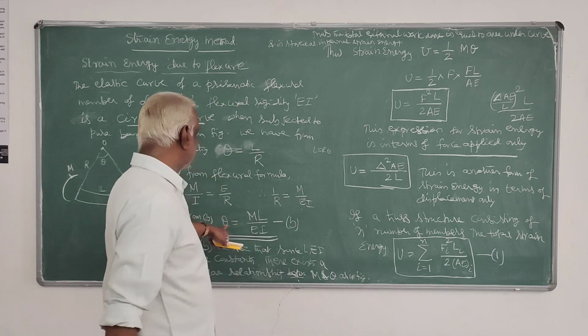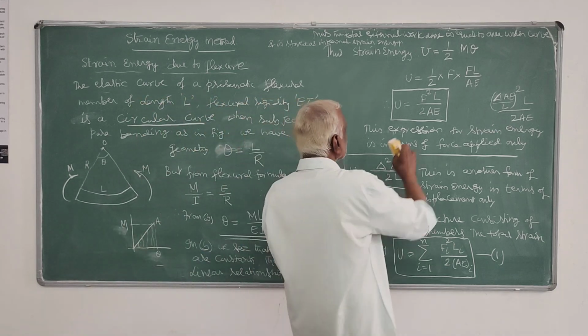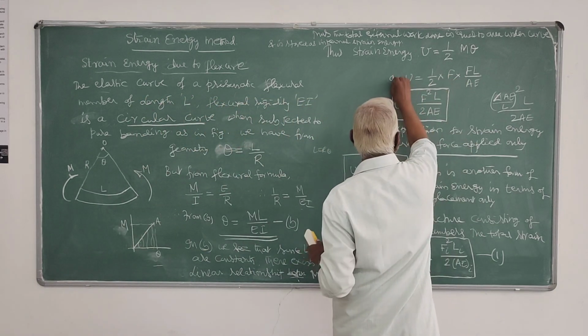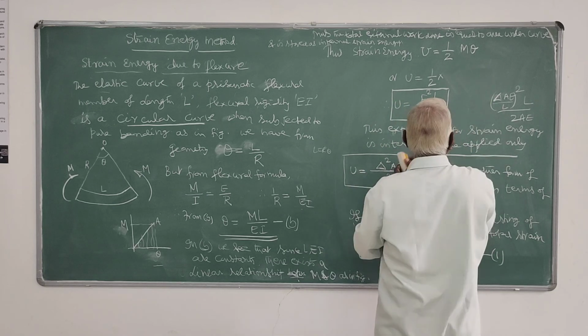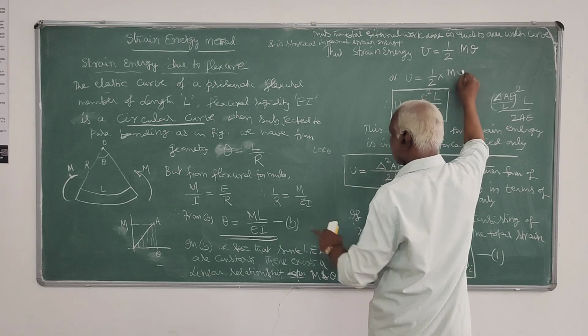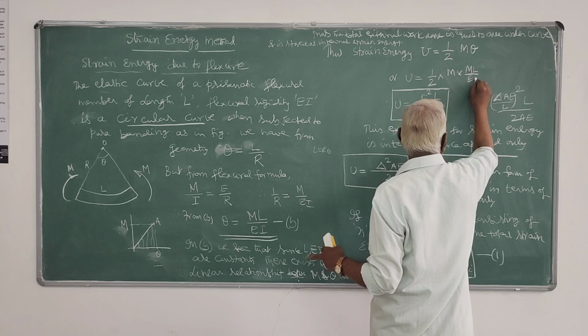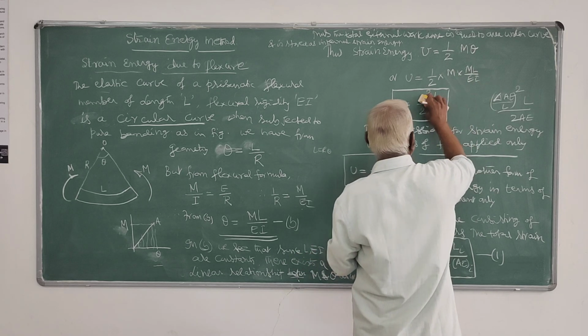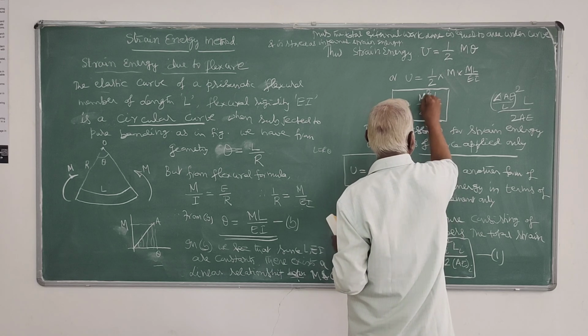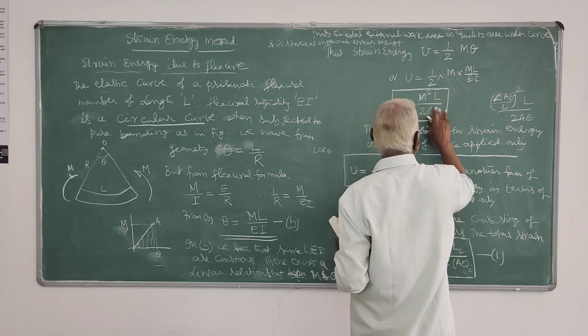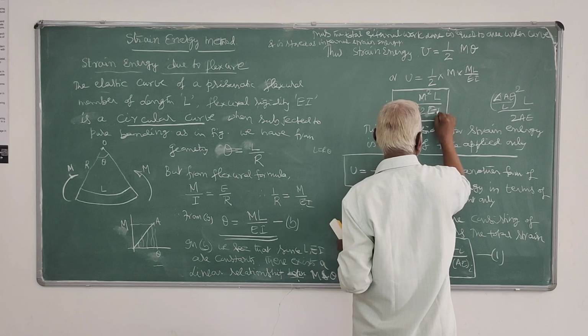So substitute value for theta. So U is equal to half into M into ML by EI, or it is equal to M squared L by 2EI.